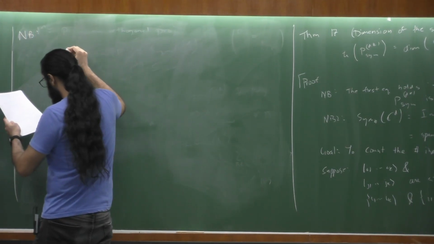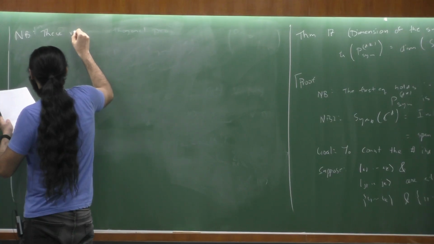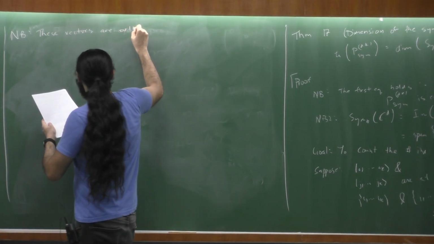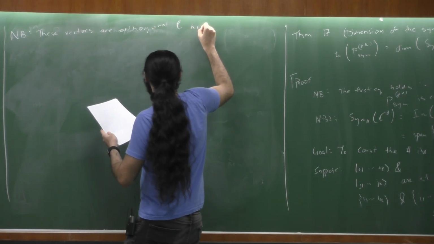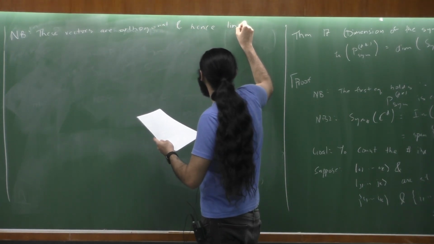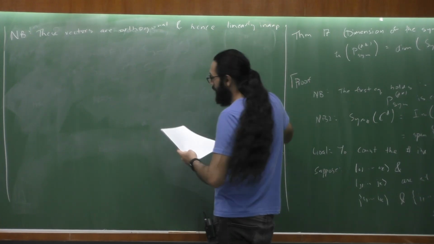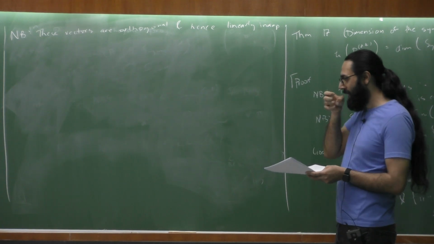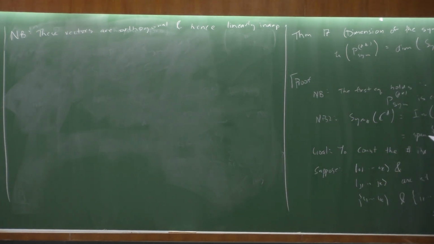Okay, and now we note that these vectors are orthogonal and hence linearly independent. Okay, why is that?